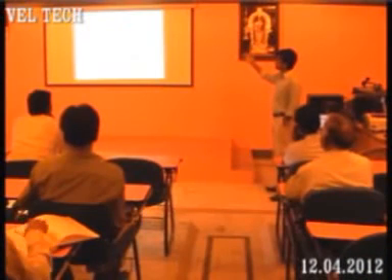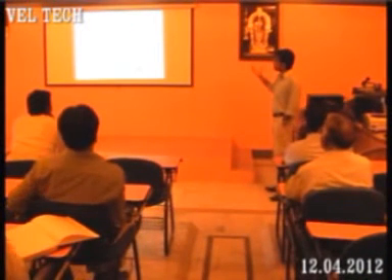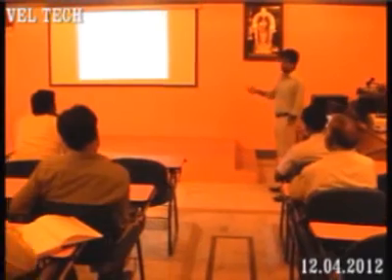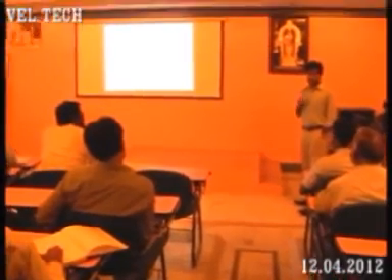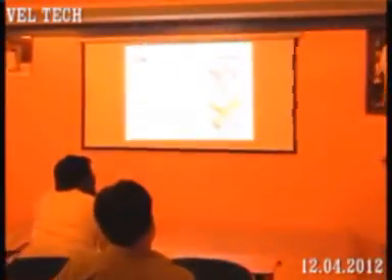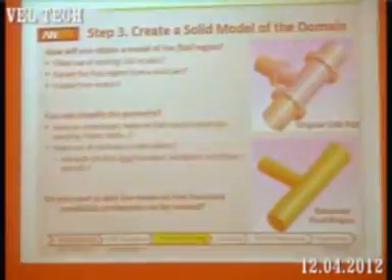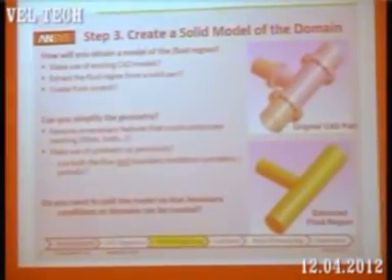The next step is to create a solid model of the domain. How will you obtain a model for the fluid region? Make use of CAD models. Yesterday I explained the fill operation, right? The fill operation is exclusively to obtain the fluid domain. There is an original CAD part, the T pipe you can see there, with all the flanges, nuts, bolts, everything.